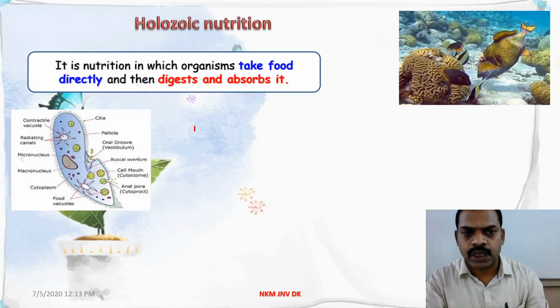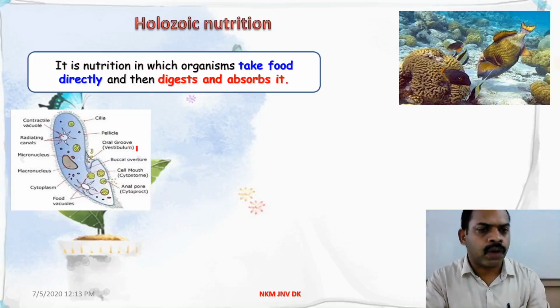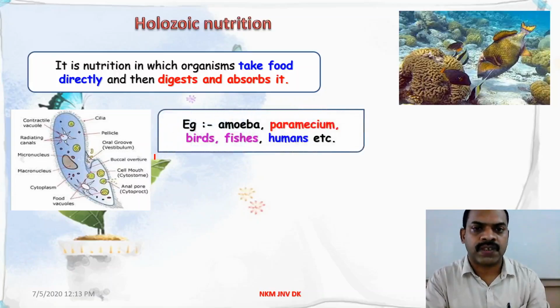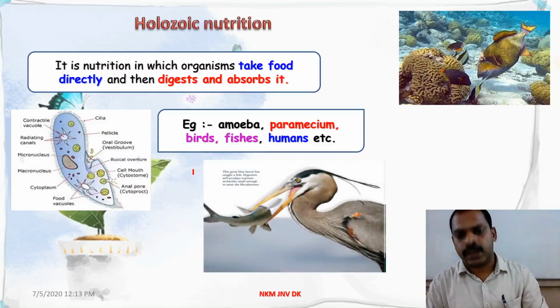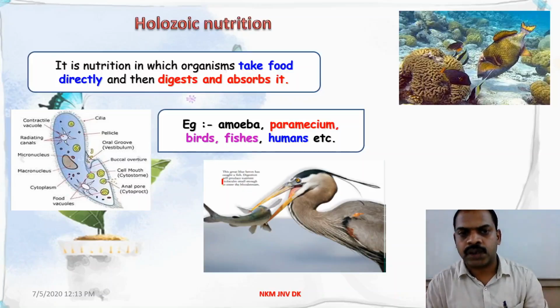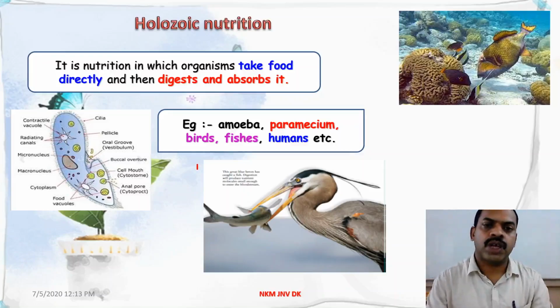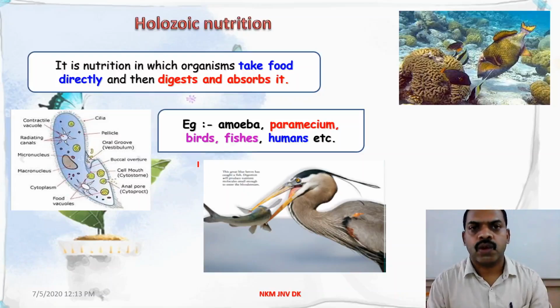Whether it is a fish or a microbe like amoeba or paramecium, they do which method? Holozoic mode of nutrition. We can also add more examples. Whether it is a bird or a fish or a human being or a paramecium, we all do which method? Holozoic nutrition. Whether it is carnivore or herbivore, we do the holozoic mode of nutrition.